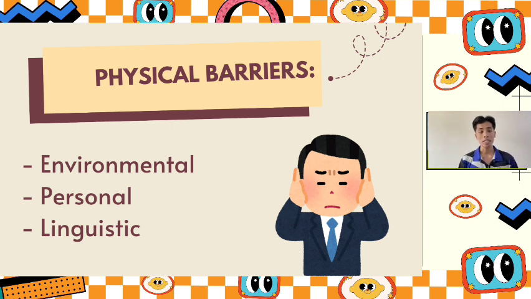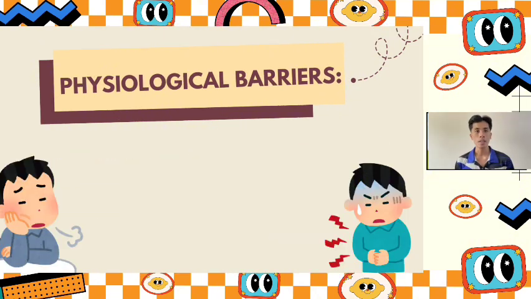And here's the last example, technical jargon. If the speaker uses specialized vocabulary that the listener is unfamiliar with, for example medical jargon in a conversation with a patient, comprehension will be difficult.